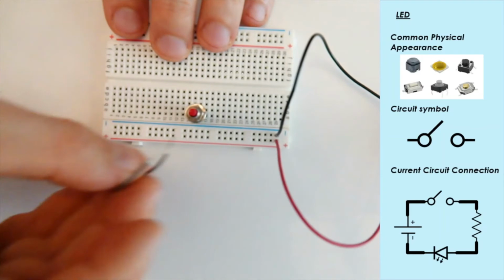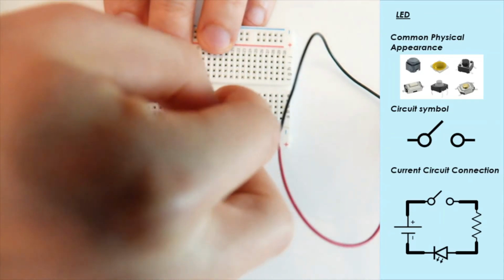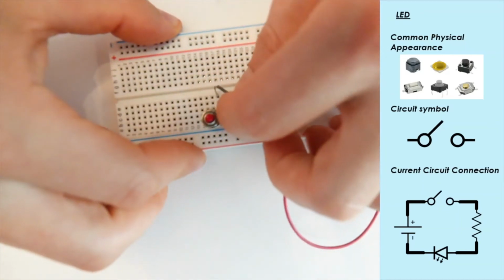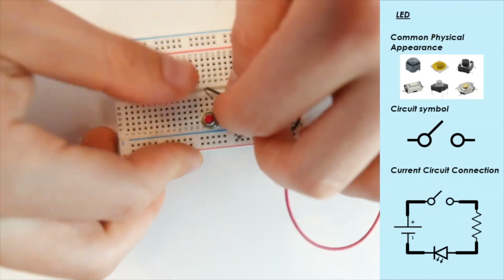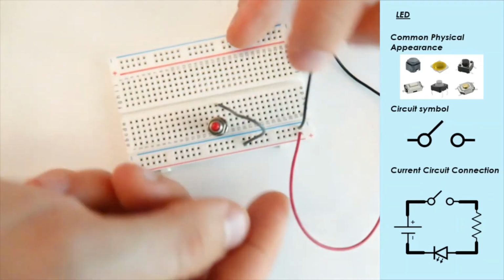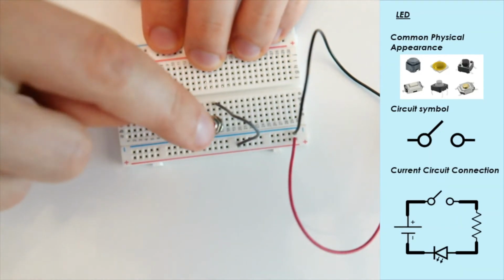To connect it, we're going to take a piece of wire and put that up from the positive end to one of those rails, to what's going to be the positive end of our switch. So now we have it flowing through here, across here, and into our switch.